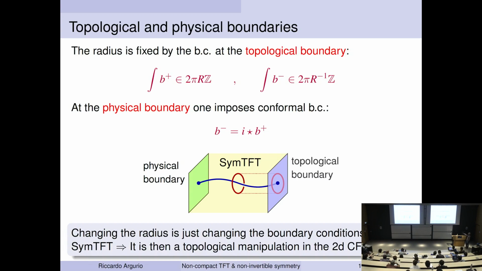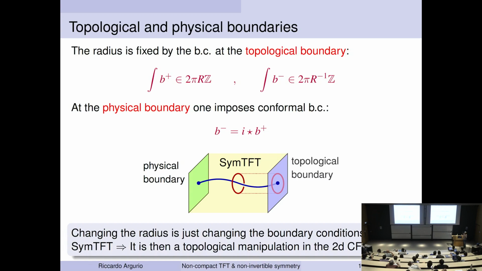On the physical boundary, we put conformal boundary conditions, which are morally the same as those that appeared in Iñaki's talk earlier. And then at the topological boundary, we impose boundary conditions.